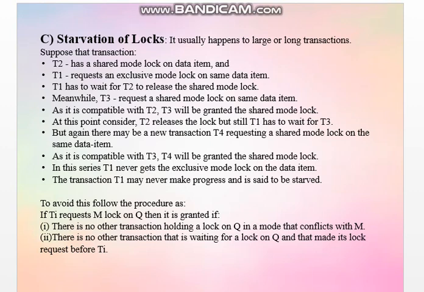Let's consider the T2 transaction. T2 transaction has a shared mode lock on the data item. We will understand this by using some example.